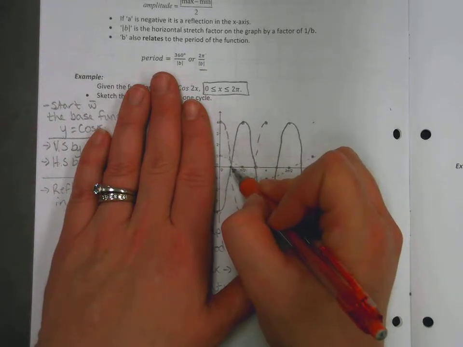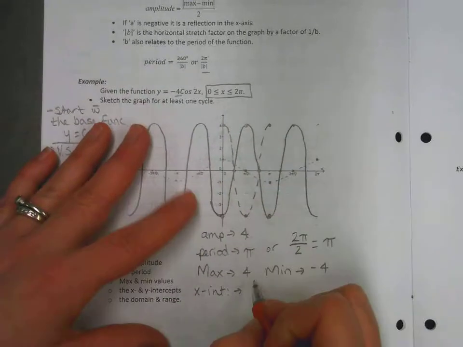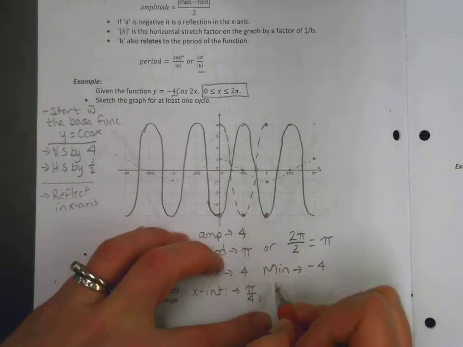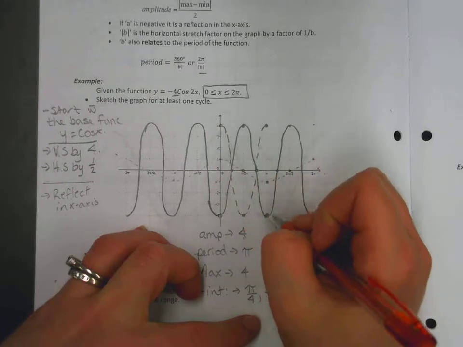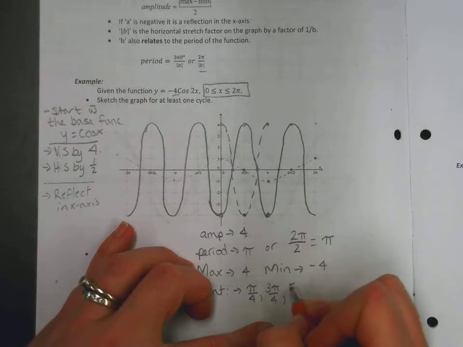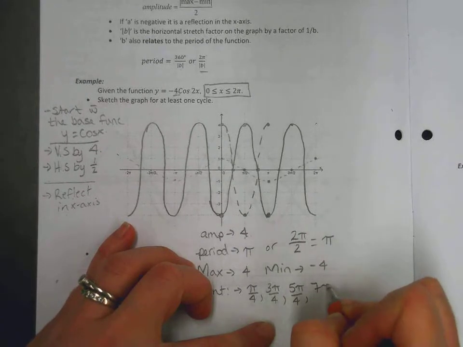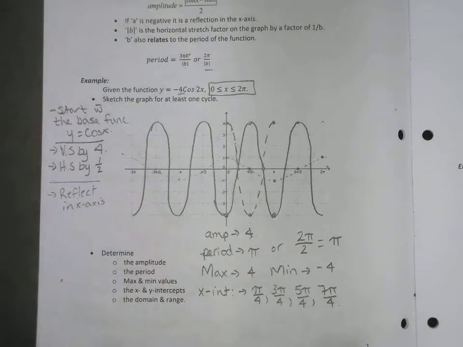My x-intercepts are at, well, if this is half a pi, this is going to be a quarter pi, so it would be pi over 4. This would be 3 pi over 4. This would be 5 pi over 4. And 7 pi over 4 would be my x-intercepts.